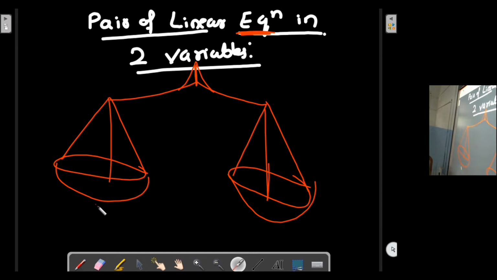If that equation has only one variable, then what is it called? Linear equation in one variable.